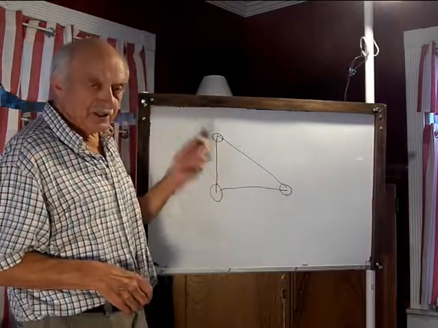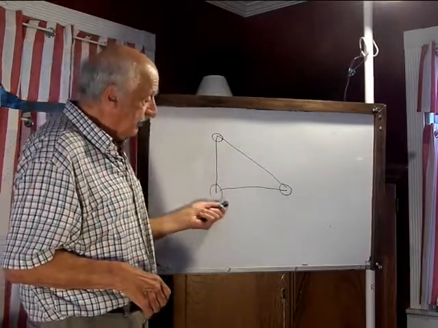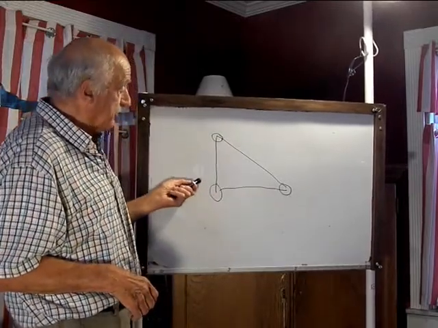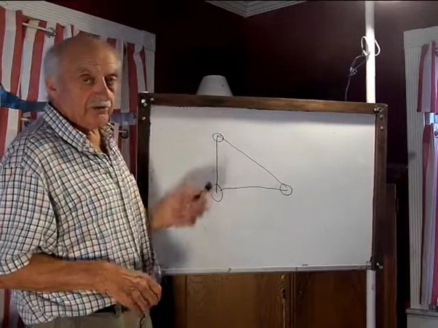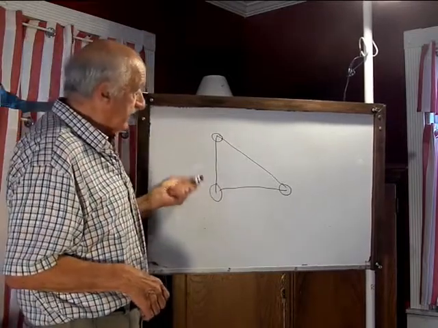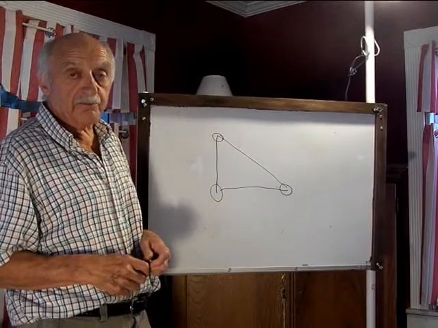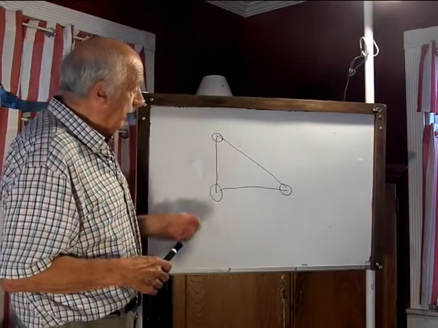This actually is a different diagram. This does not represent the passage of time, and this does not represent the travel through space. This represents the separation after a period of time.